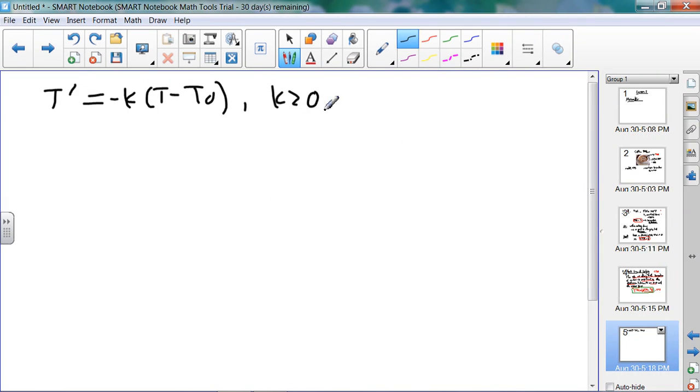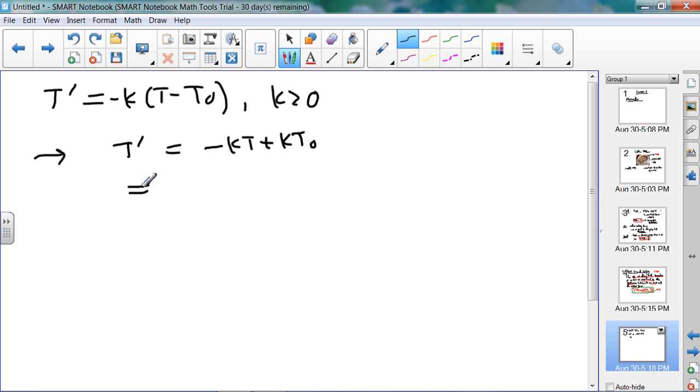So here's the equation that we got from our analysis of Newton's law of cooling for our coffee problem. Let's rearrange things a little bit. So let's distribute out this minus k T and add to it the other distribution.